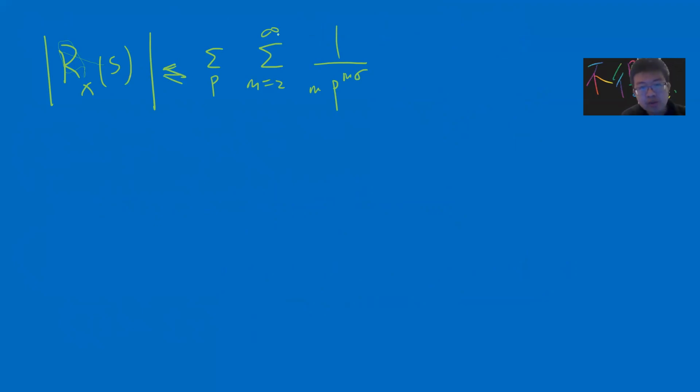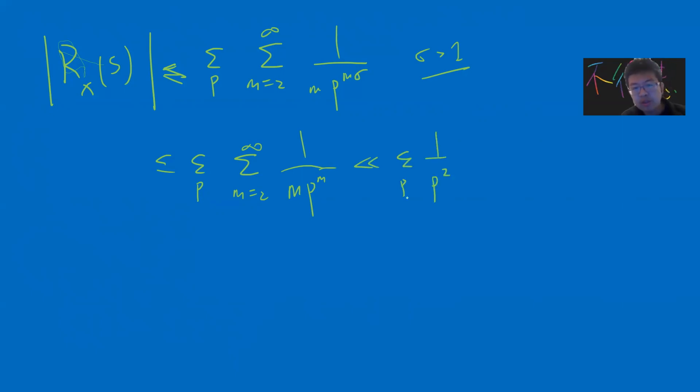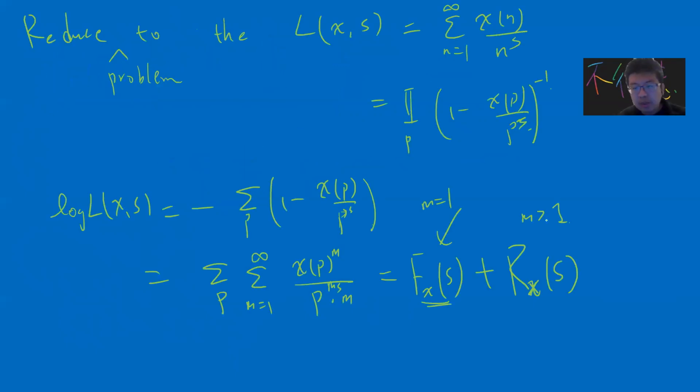So this is m from 2 to infinity of 1 over m p to the mσ. You can write it as the summation over p, summation over m from 2 to infinity, of 1 over m p to the mσ. Because σ is greater than 1, this is bounded by the summation over p of 1 over p squared, because there's an m, so you replace this by p squared, which converges. So this guy is bounded.